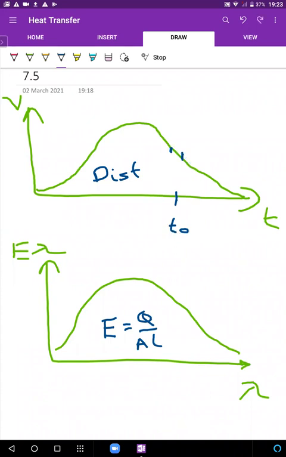For instance, if velocity over here is 2 meters per second and velocity over here is 4 meters per second, we are going to say distance is being covered twice as fast at this time instant in comparison to this time instant. The rate at which distance is being covered is faster over here, slower over here. Why? Because velocity is more in the first case.